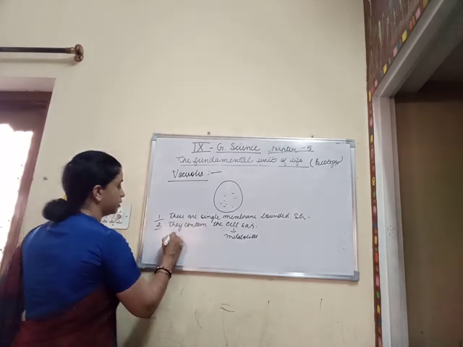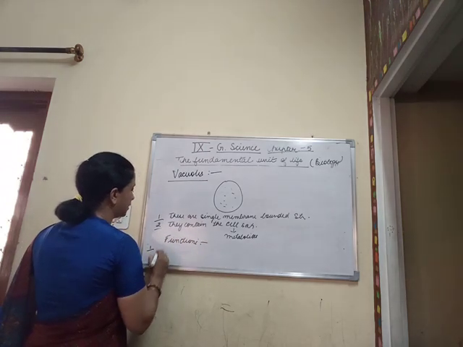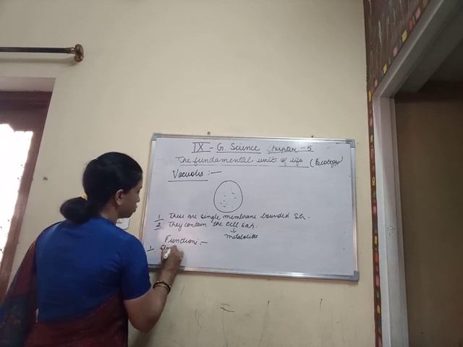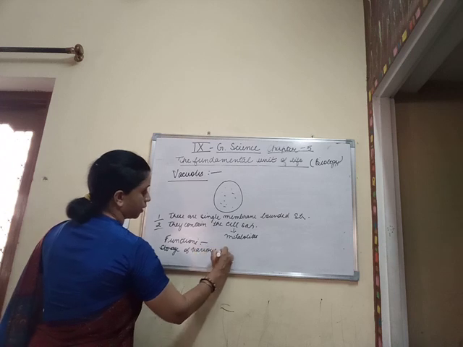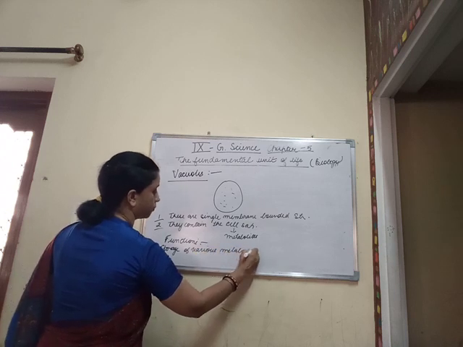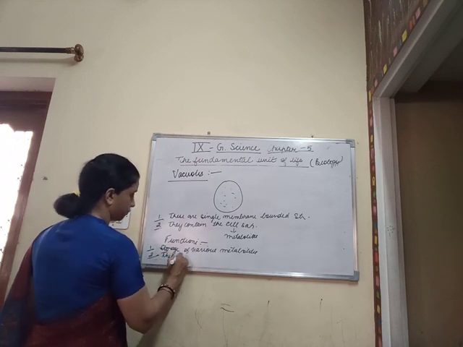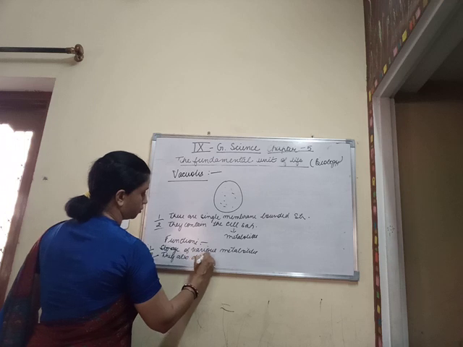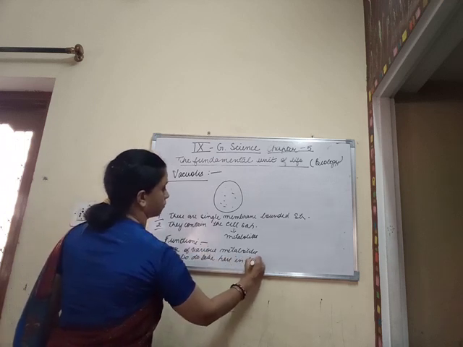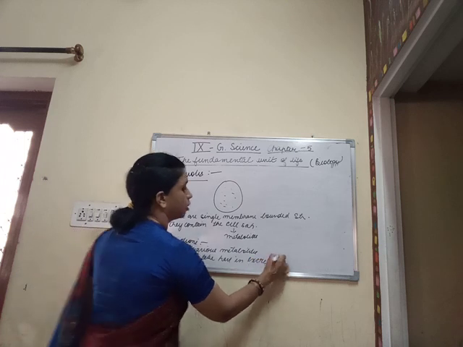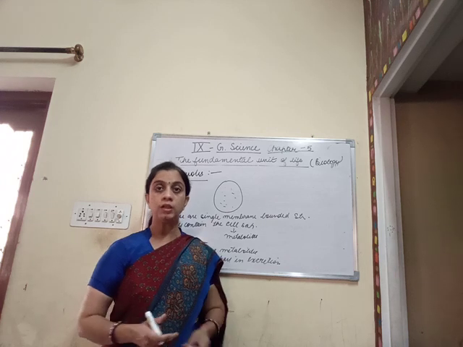The function of the vacuoles is that they are basically concerned with storage of various metabolites, as well as they also take part in excretion, that is, removal of the waste substances from the cell, as is found in the amoeba.